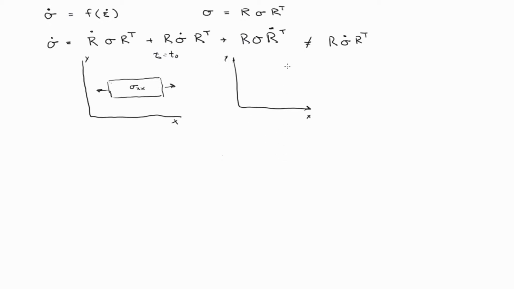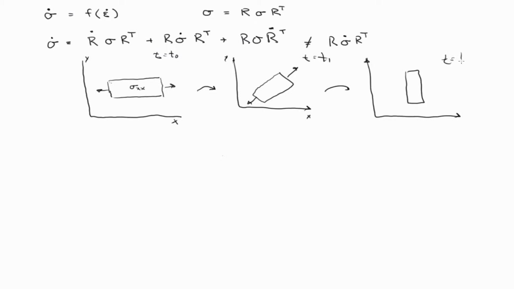So we still have a coordinate system x and y, and now we're at some intermediate time we'll call t1, and I begin to rotate the body. I'm holding it at the same stress. Some time passes, and I rotate it such that eventually, at some time t2, I've rotated it 90 degrees, such that what was sigma xx is now sigma yy.